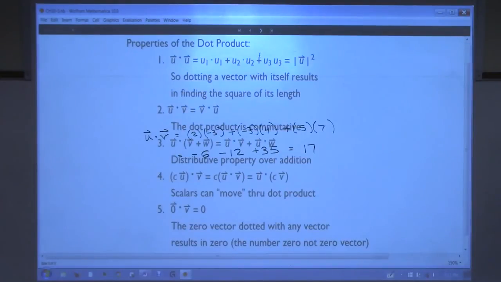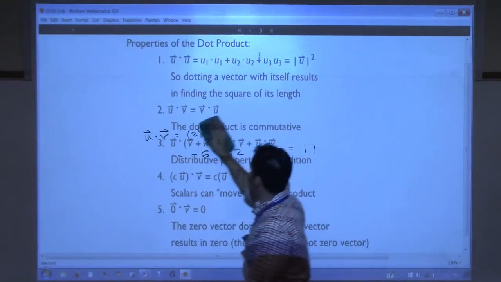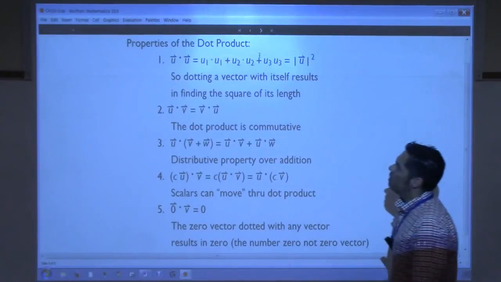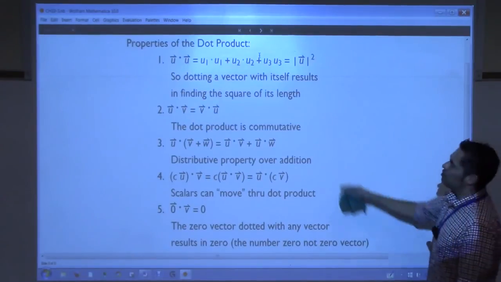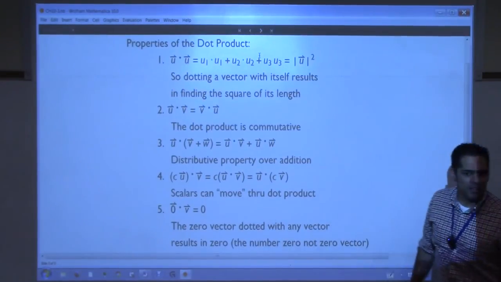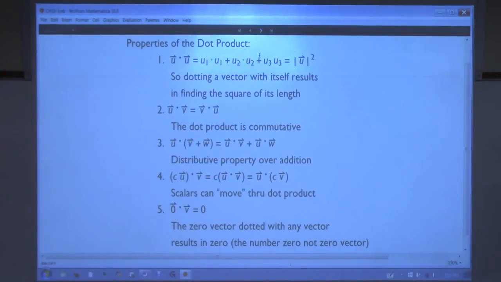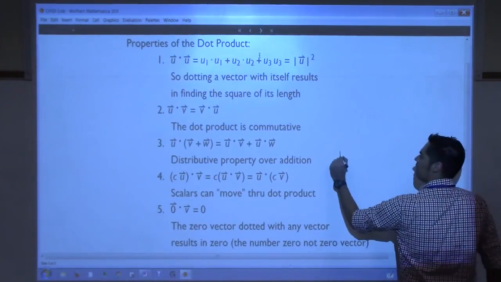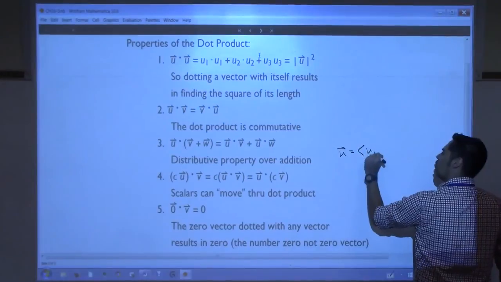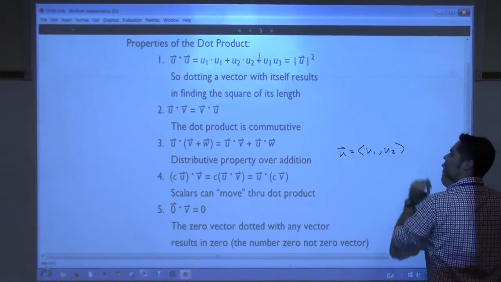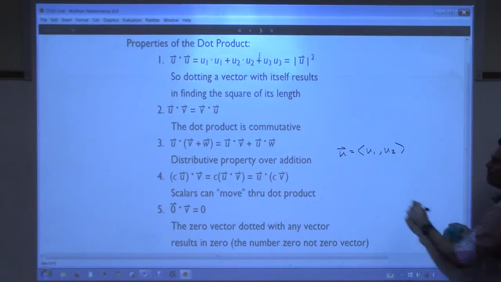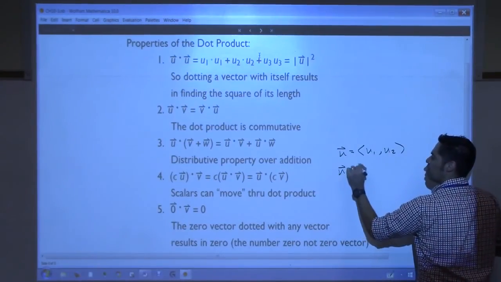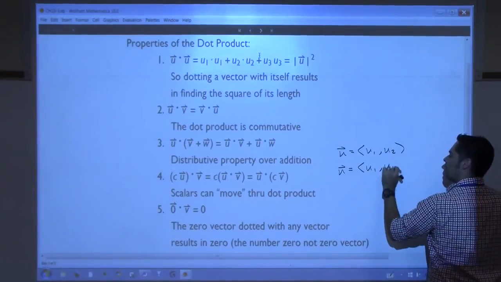Before I get to that, some properties of the dot product. If you dot a vector with itself, u dot u, you get what? Its length squared. Okay, I take some vector u, which I'm calling u1, u2. If I dot it with itself, that means I'm going to take the vector u again, and let's dot it.